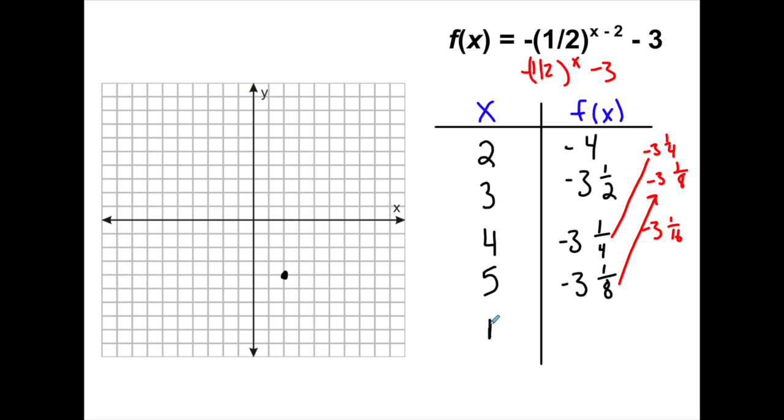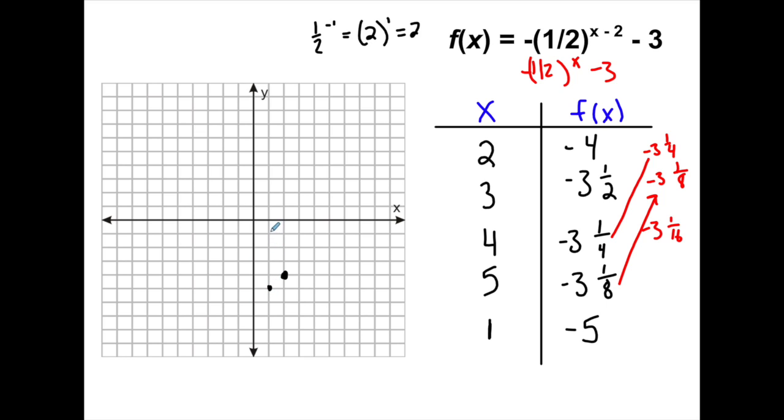So we'll plug in 1. 1 minus 2 is negative 1. 1/2 to the negative 1 is equal to 2, because it's 2 over 1 to the positive 1. So that's 2. That makes it a negative 2. It makes it a negative 5.